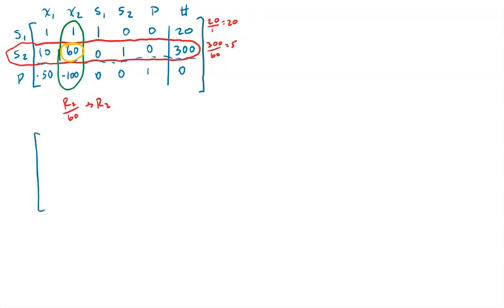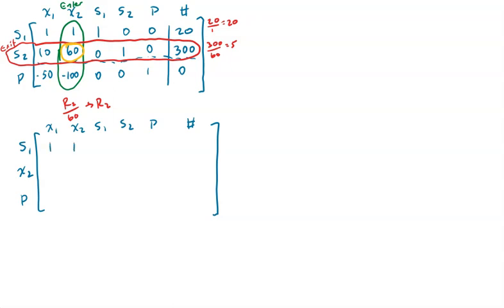Alright, so let's go ahead and remake this. x1, x2, s1, s2, p, and the number. s1, x2, because x2 entered and s2 exited, and p.